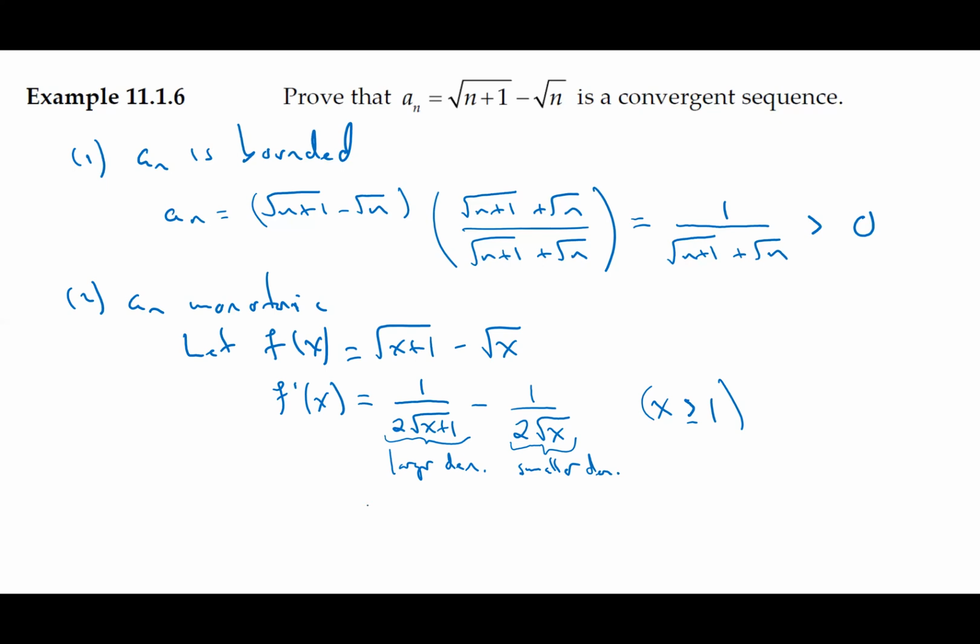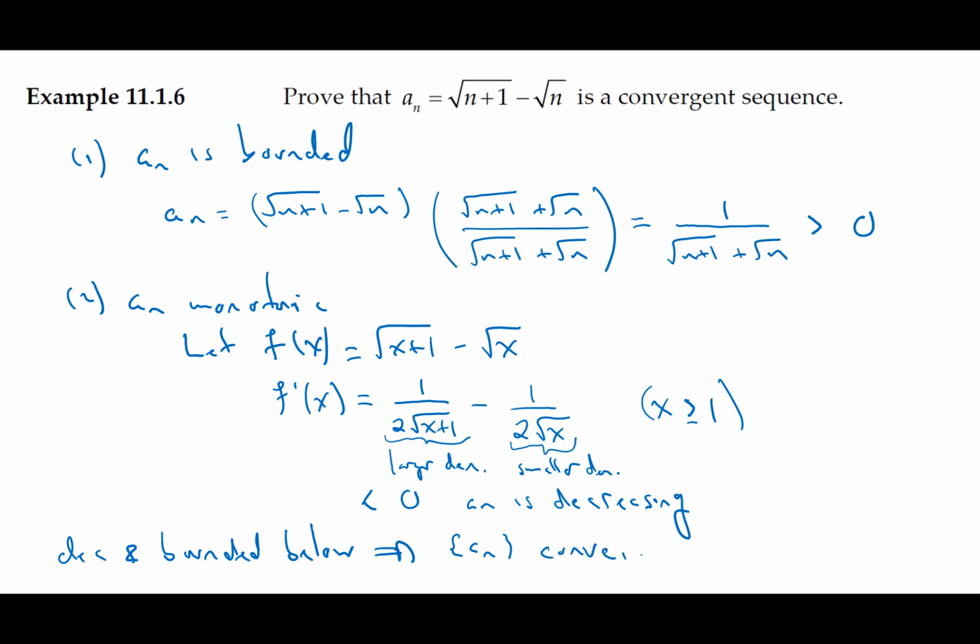Oh, that tells me this is negative. All right, so a_n is decreasing. So decreasing and bounded below tells me that the sequence a_n converges, okay?